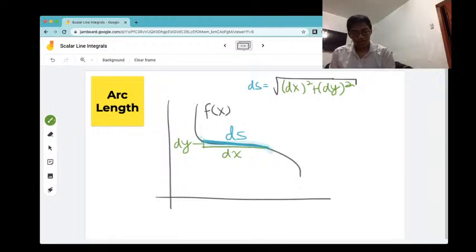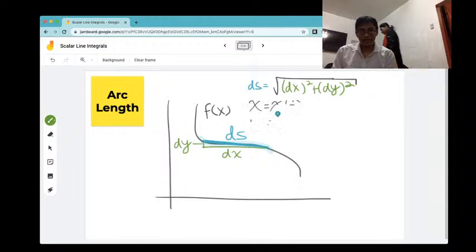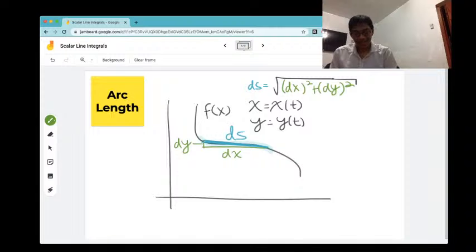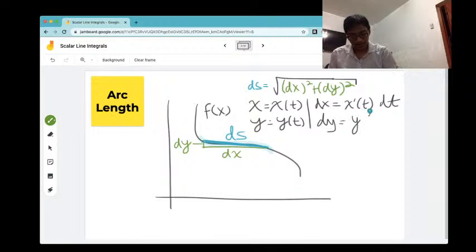So x is equal to x of t, and y is equal to y of t. So I can write dx as x prime of t dt, and I can write dy as y prime of t dt. Hopefully that makes sense.